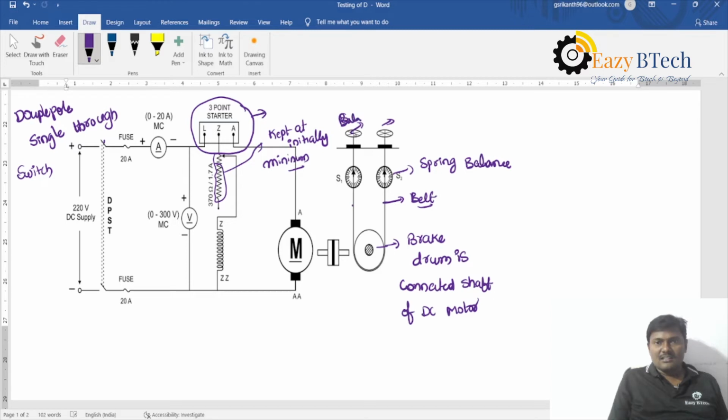Why is the field rheostat kept at minimum position initially?